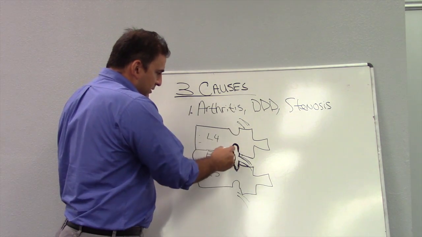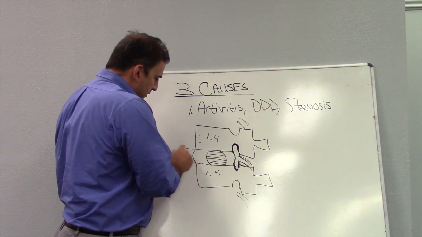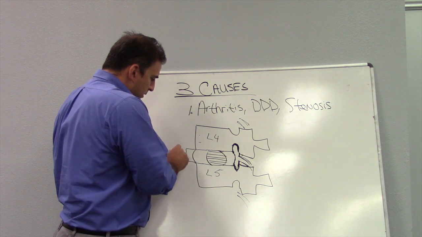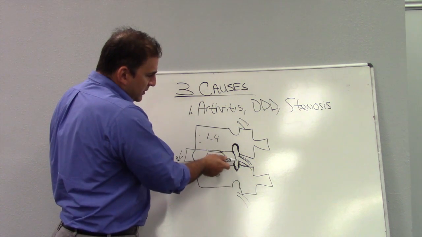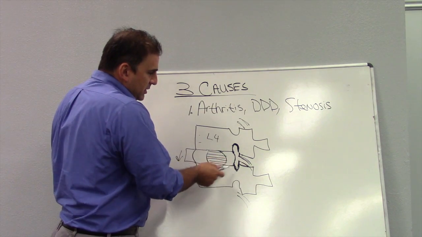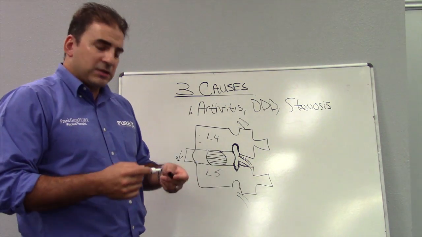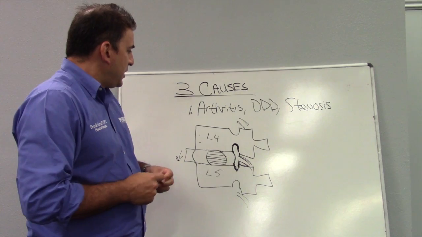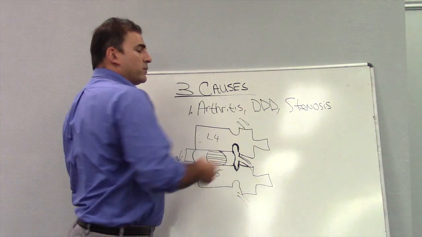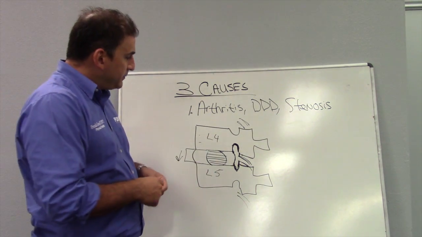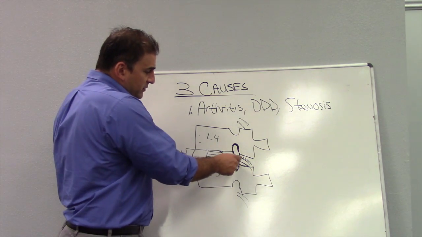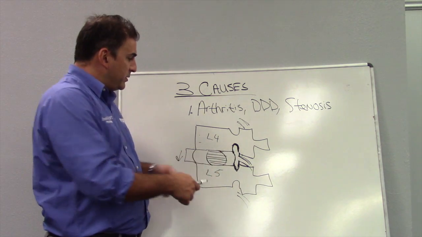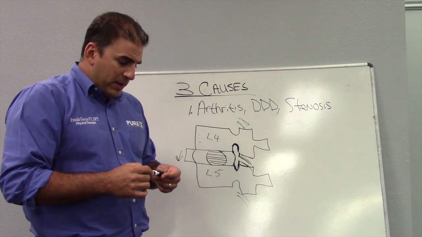As they dehydrate, this space here is now decreased, and if this space is decreased, then this space is going to be decreased, and so on and so forth, and everything is going to be compromised. The other thing is stenosis, or narrowing of our lumbar foramen, which are the ones on the outsides, or the one in the middle where our spinal cord goes through.